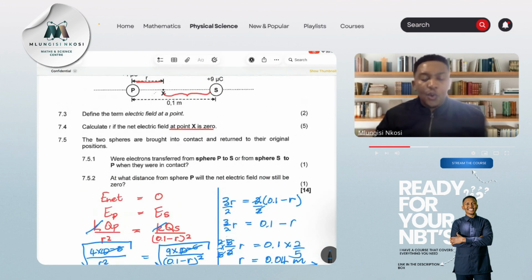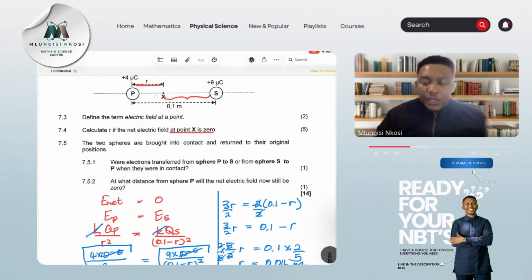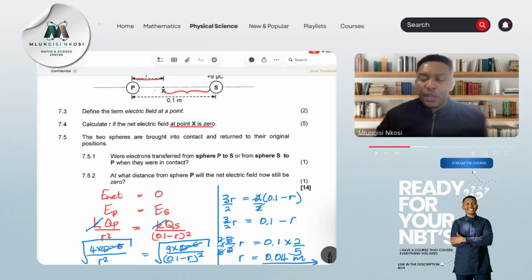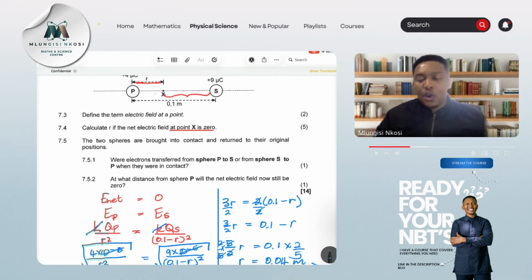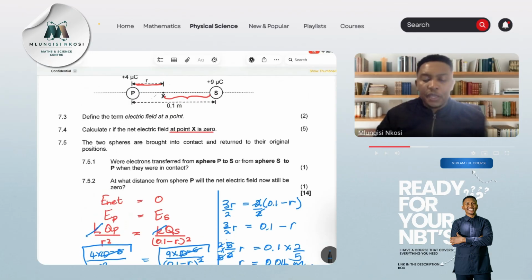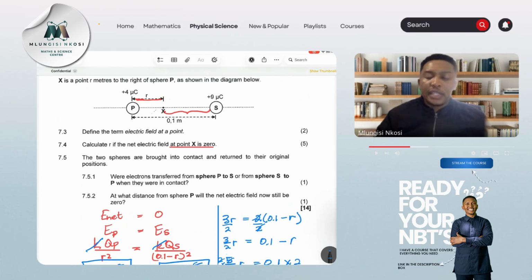Now quickly, they say the two spheres were brought into contact and returned to their original positions. Were electrons transferred from P to S or from S to P when they were in contact? Please remember that electrons will always move from where we've got more electrons to where there are fewer.